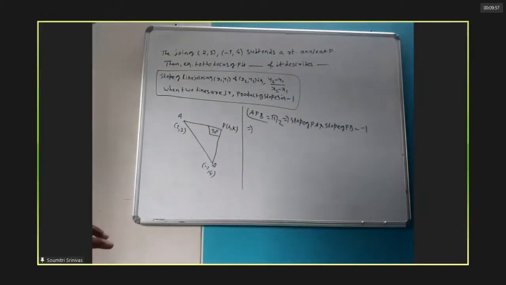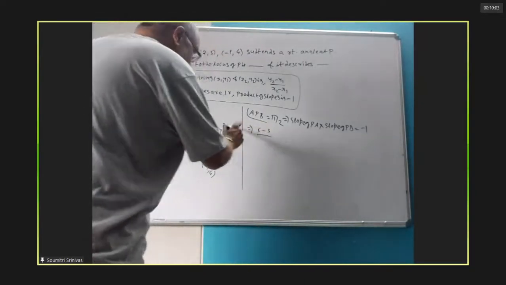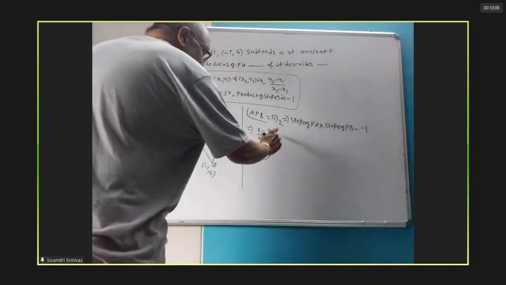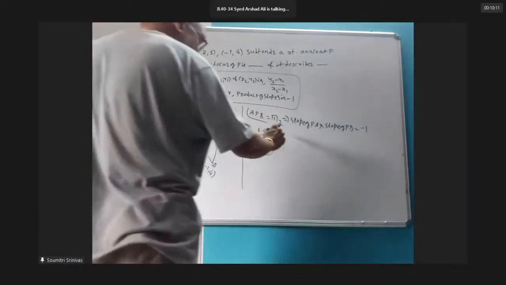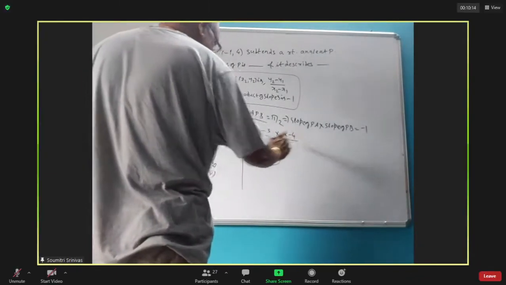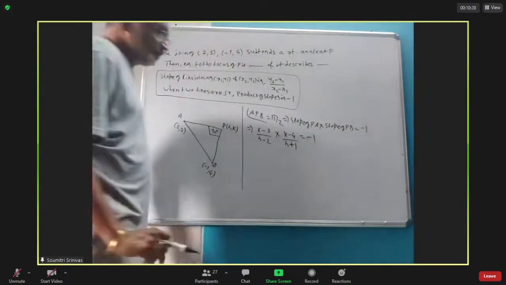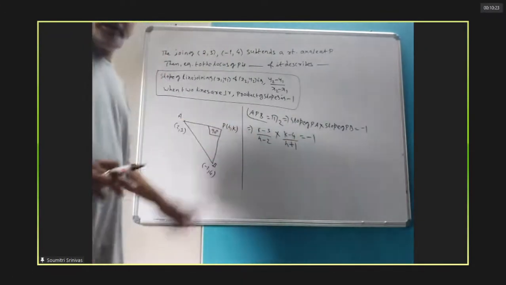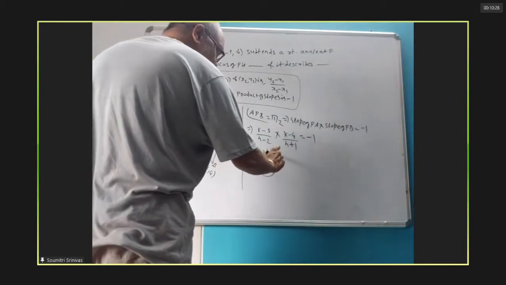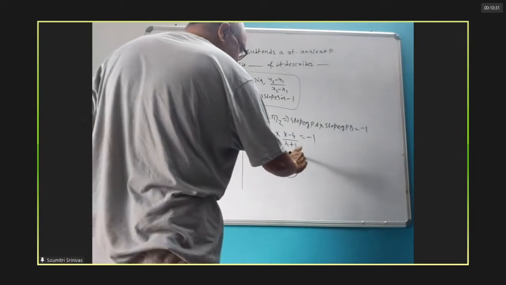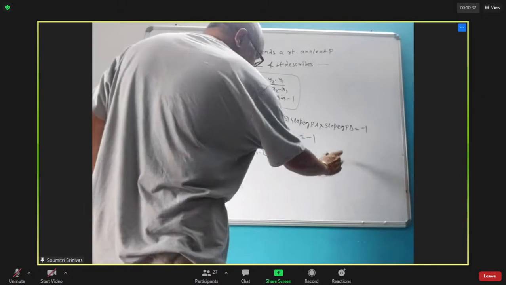What is the slope of PA? (k minus 3) by (h minus 2). Slope of PB is (k minus 4) by (h plus 1). Cross multiply. Bring it here. What does it give you? (h minus 2)(h plus 1) plus (k minus 3)(k minus 4) is equal to 0.